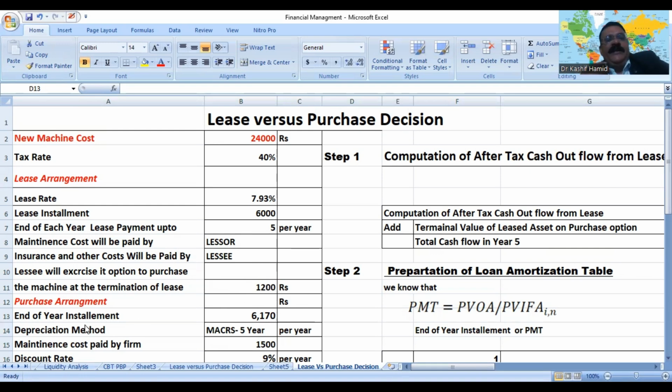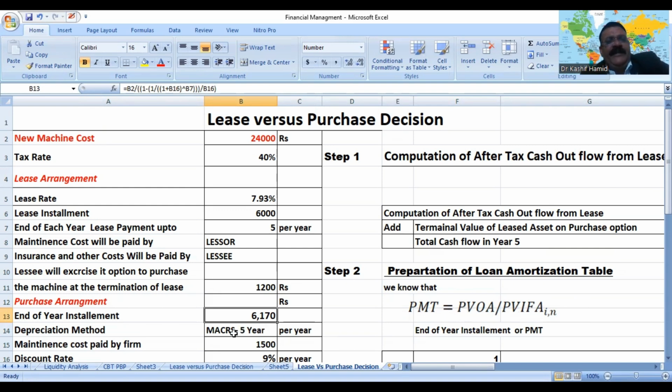And in the second arrangement, that is the purchase arrangement, end of year installment is rupees 6,170. How we computed this? By using the computation of payment. Payment is equal to present value of ordinary annuity divided by present value interest factor of annuity for given interest rate.